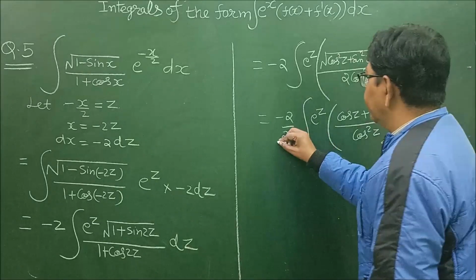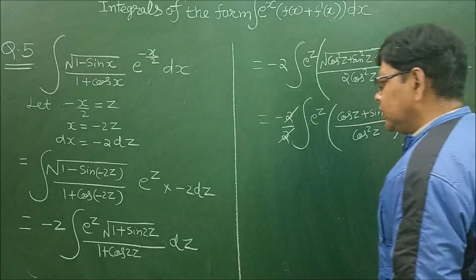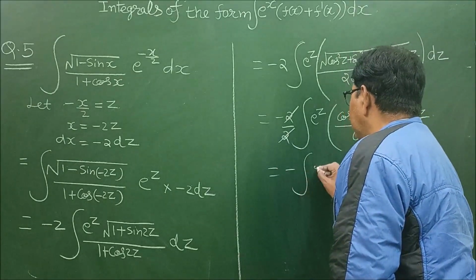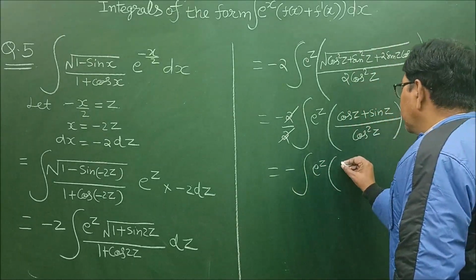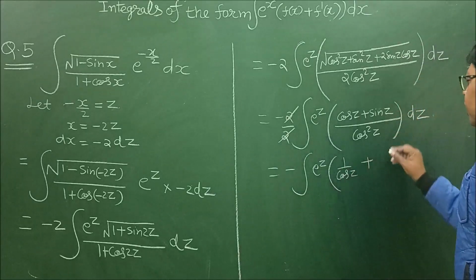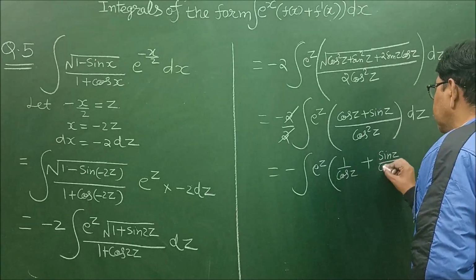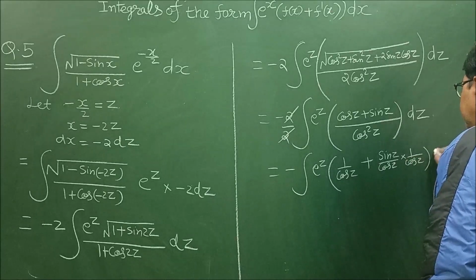Now this 2 and 2 get cancelled here, and this is equal to minus integral of e to the z, and dividing cos z upon cos square z, so 1 upon cos z, plus sin z upon cos square z, that is sin z upon cos z into 1 upon cos z, dz.